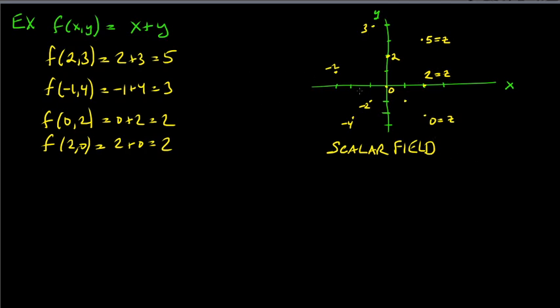You can also do, how about this point right here? I'm plugging in 3 over 2 for x and 1 for y, and you're going to get 5 over 2, or 2.5. So of course you can get decimals as your values as well. Pretty much any real number could be a value at a given point.